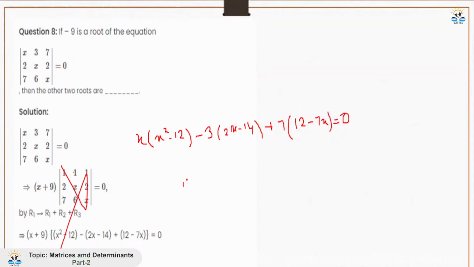So from now you can simplify it. You will get x cube minus 12x minus 6x, which is minus 18x. Obviously, it is plus 42. Then plus 84 minus 49x equates to 0.